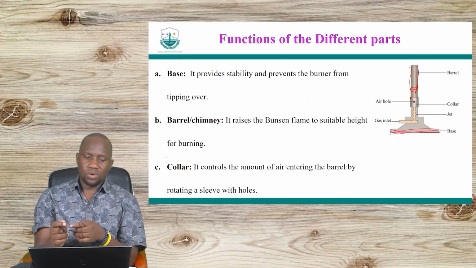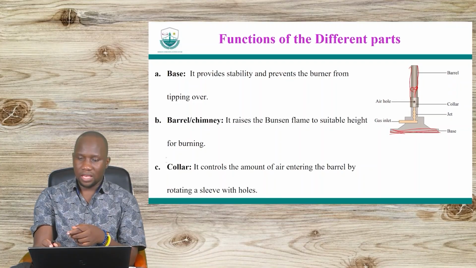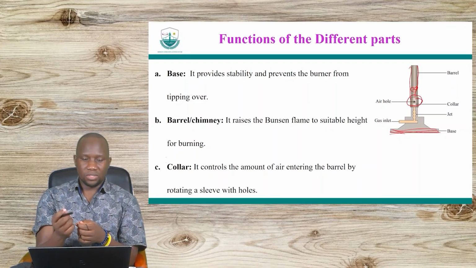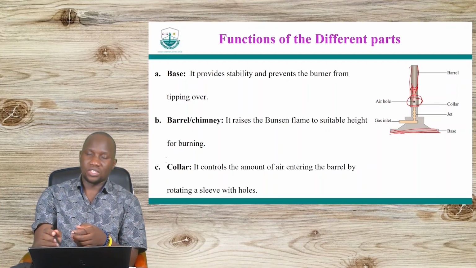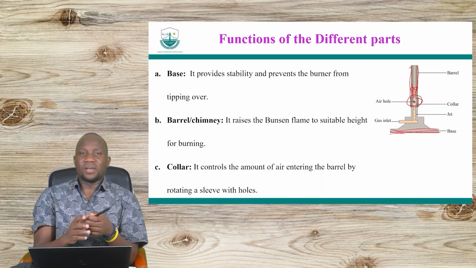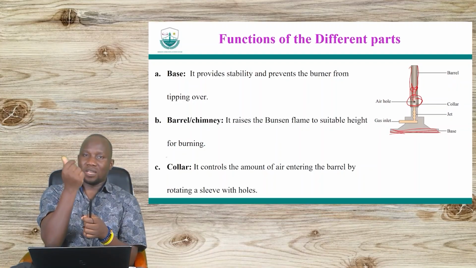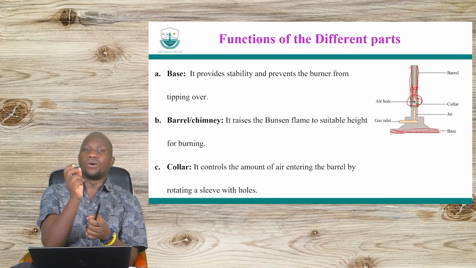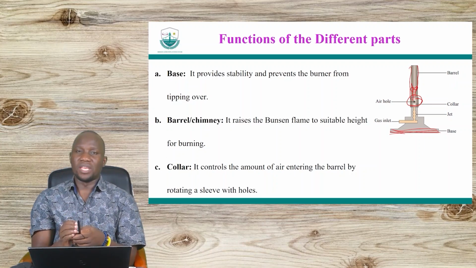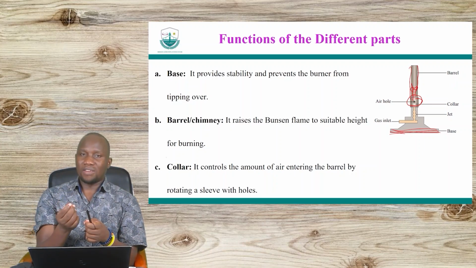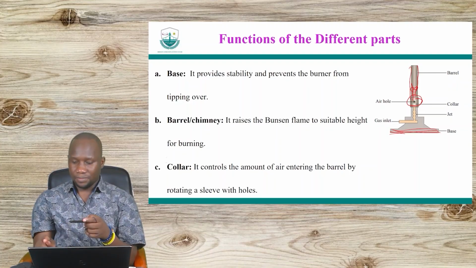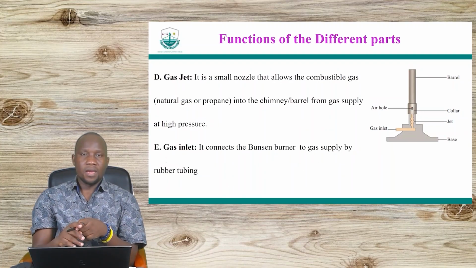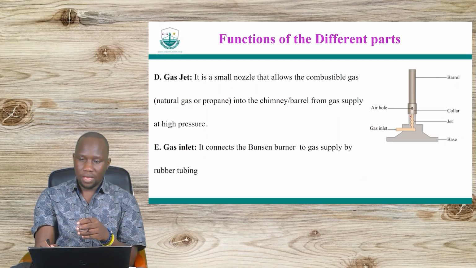And then we have what we call the collar. This is very important because it controls how much air comes into the barrel. Remember, the air is what allows the gas to burn. If you let in a lot, you are most likely going to have a bigger flame compared to if you let in less. And then we have the gas jet. It's just a small nozzle here.